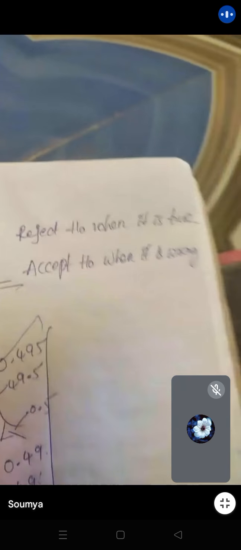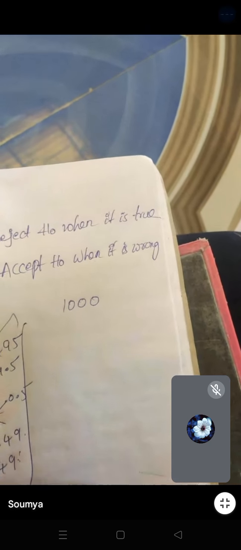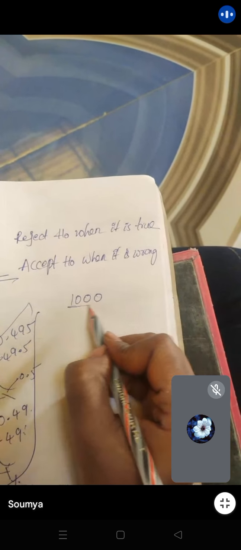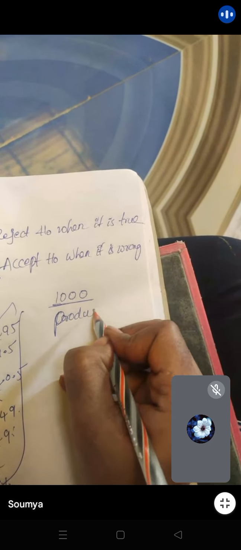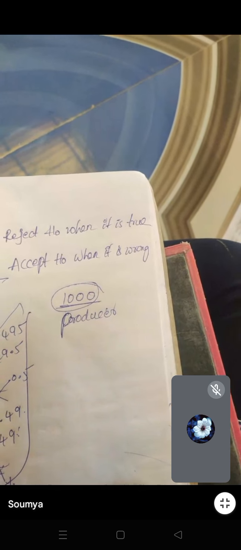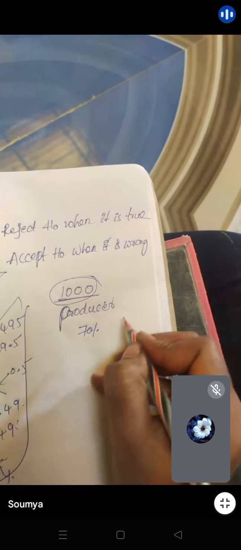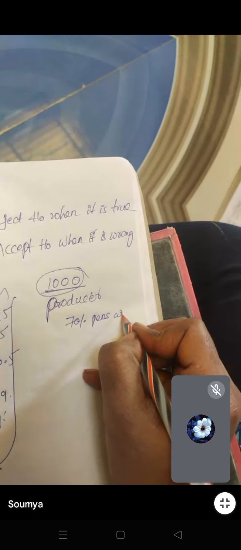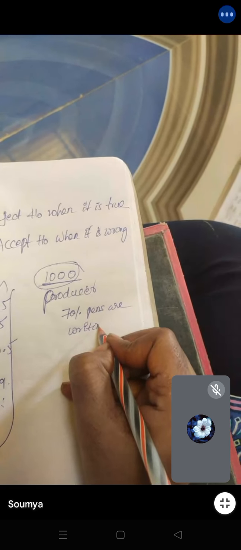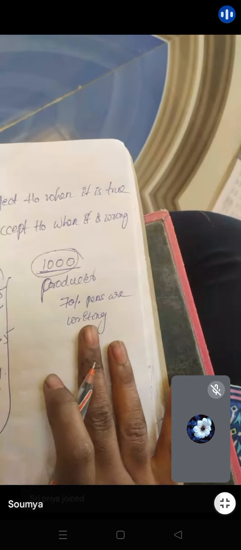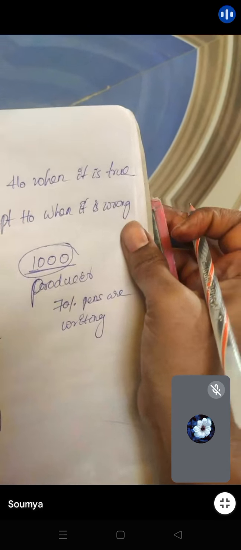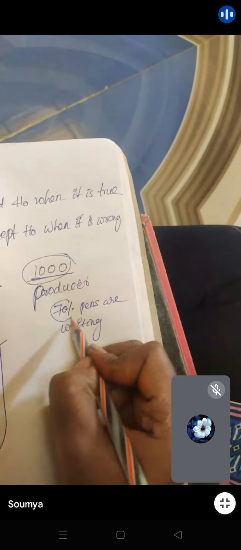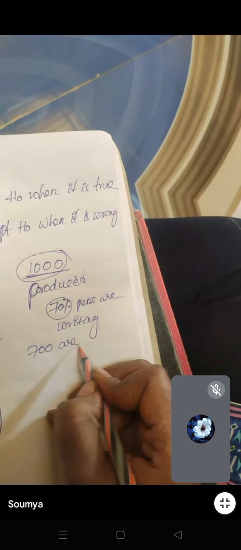For understanding purposes, I am taking the same example. Suppose I want to buy 1000 pens. The producer selling the 1000 pens claimed that 70% of pens are writing. 70% means 700 are working, right?